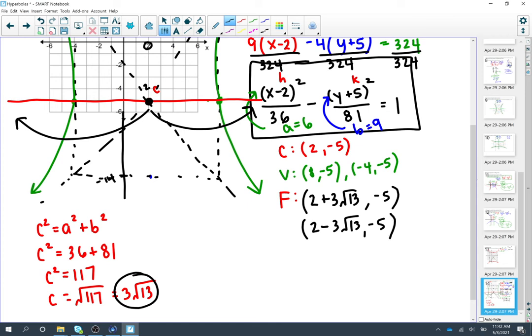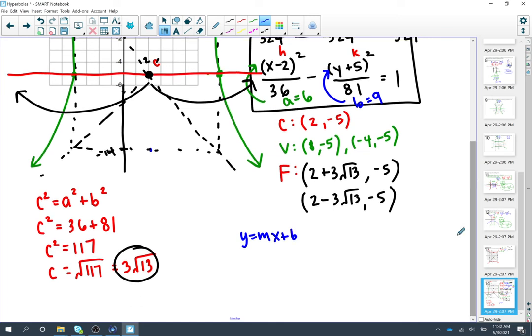Last but not least, we need the equation of our asymptotes. Now, the equation of your asymptote is a line, which is y equals mx plus b. In order to do that, we're going to change that into transformational form, which is y equals m(x minus h) plus k. It's the same thing as your other equations we can put in the center.